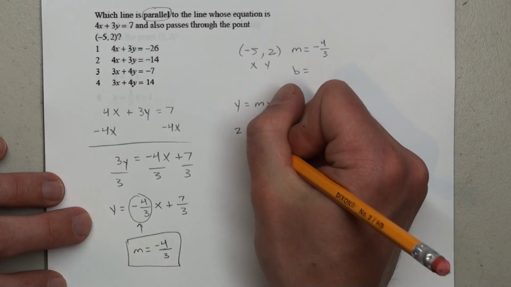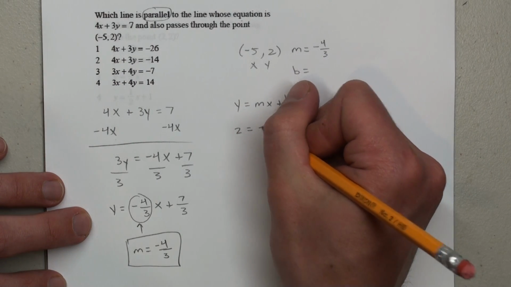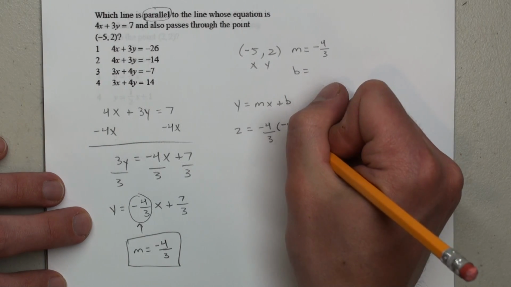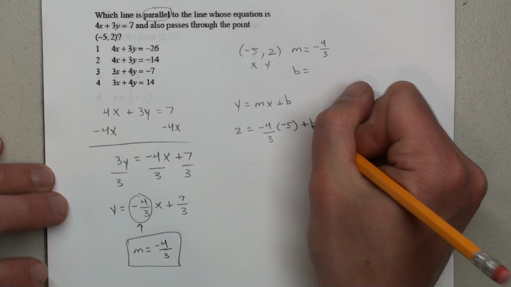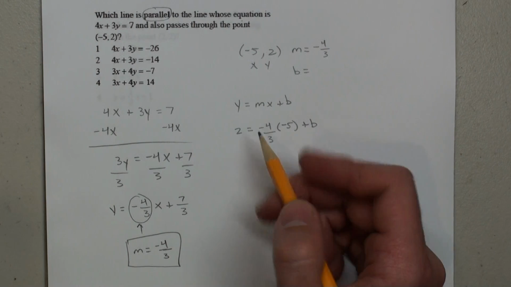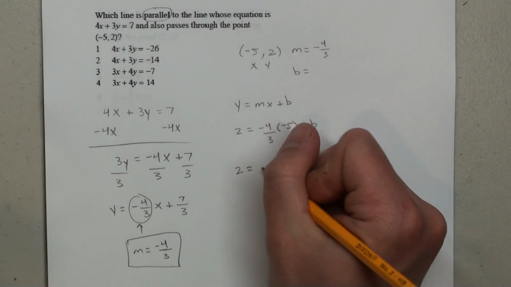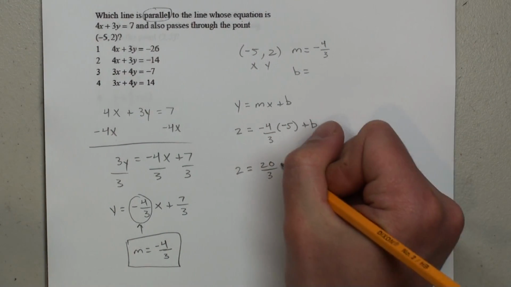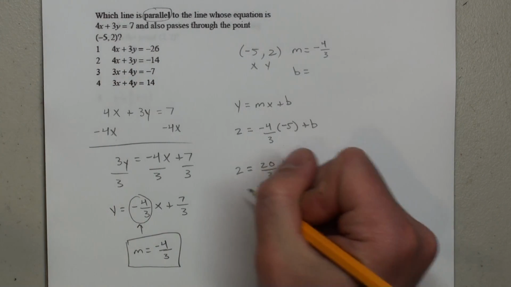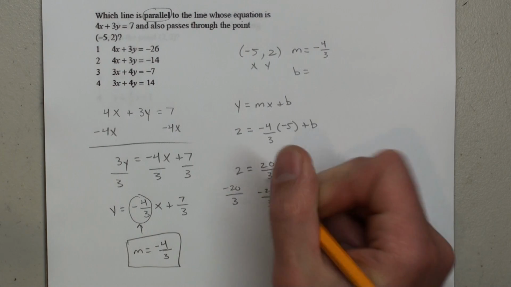Y is 2 equals m is negative 4/3 times x is negative 5 plus b. Wow, this one is really ugly. Okay? 2 equals 20/3 plus b. I got to subtract 20/3 from both sides.